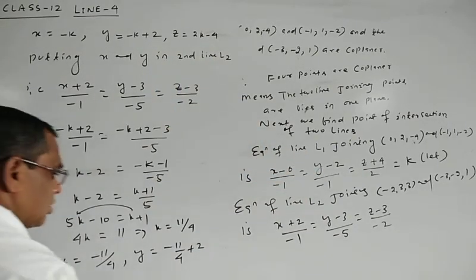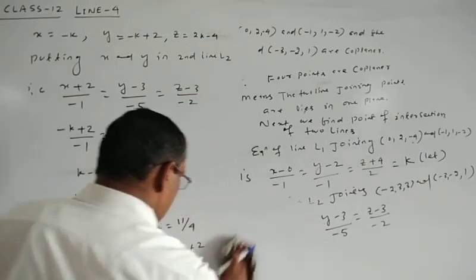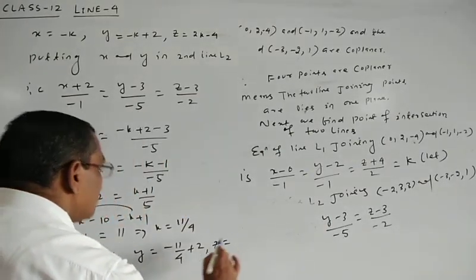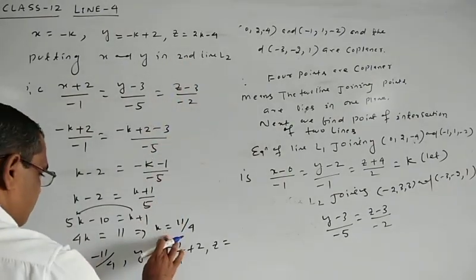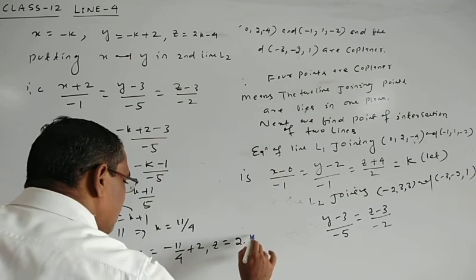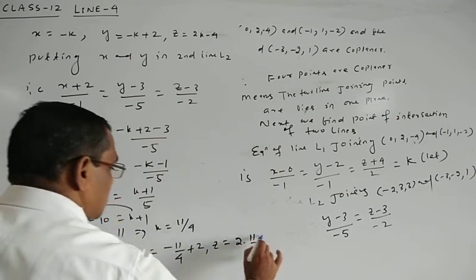So z is equal to 2 into k, where k is 11/4, minus 4.